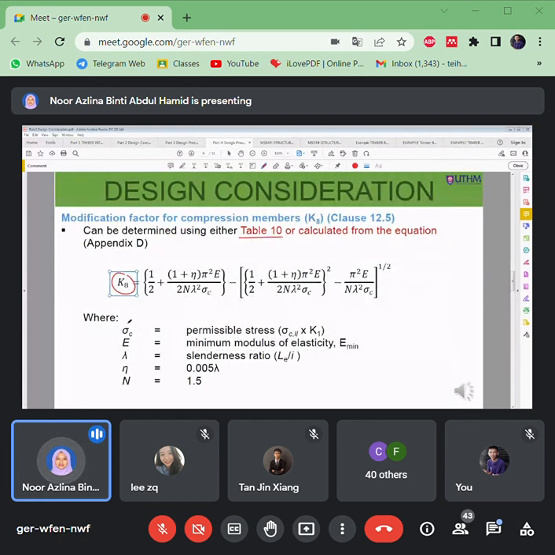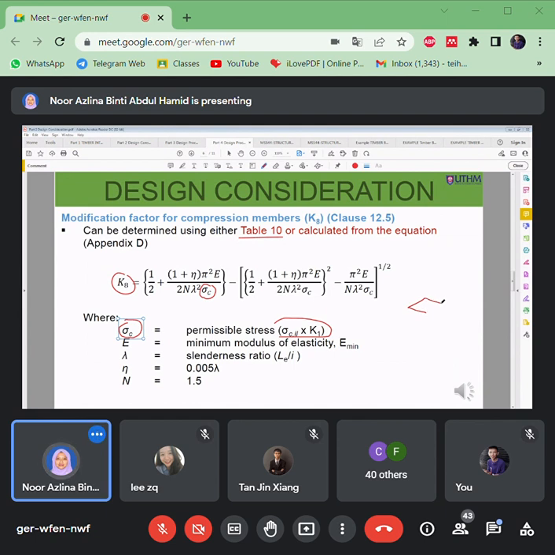This is the permissible stress, which you need to calculate: the compression stress parallel to the grain multiplied by K1.